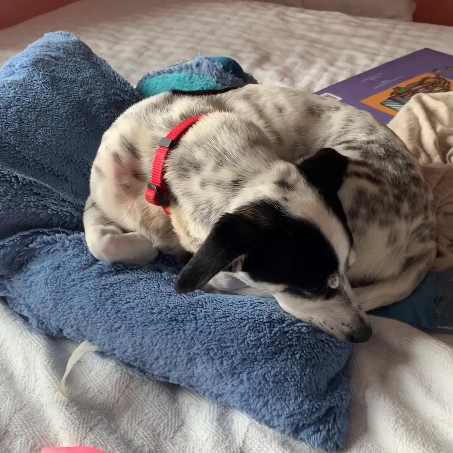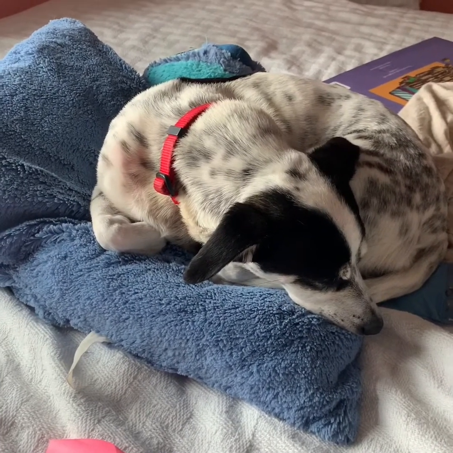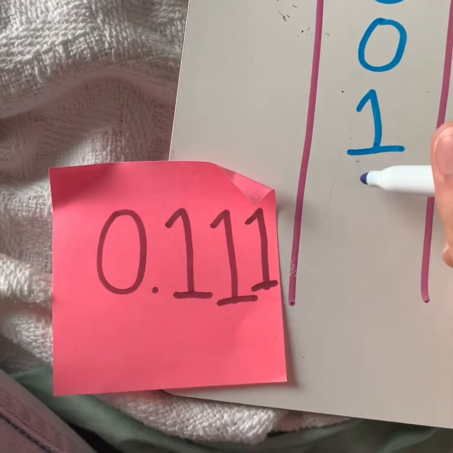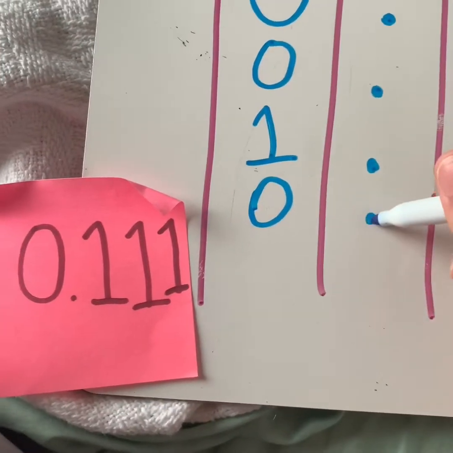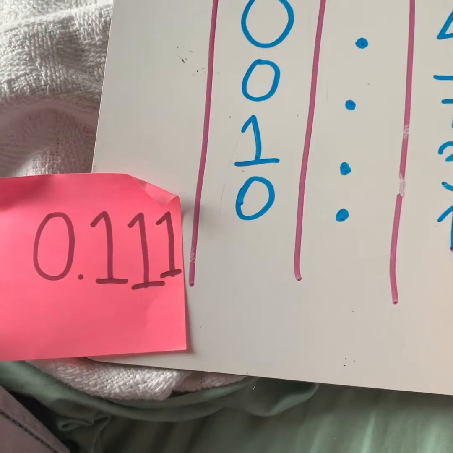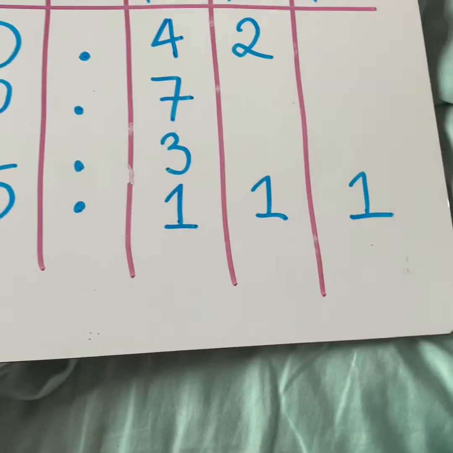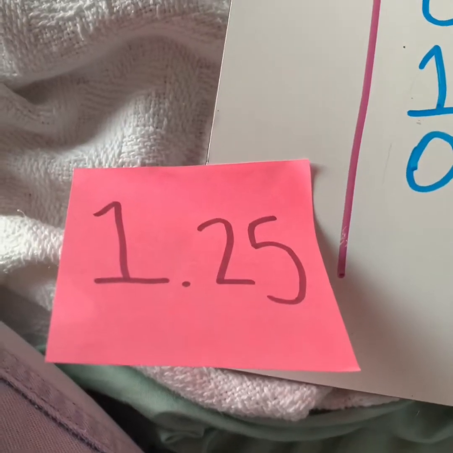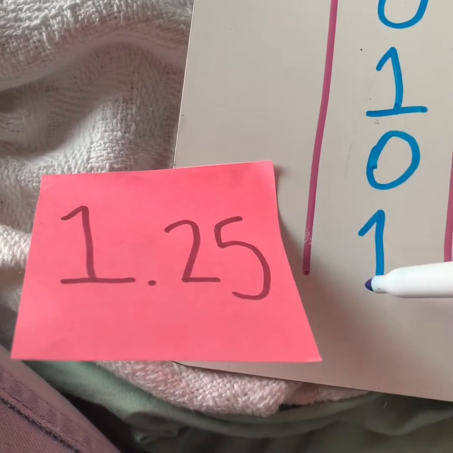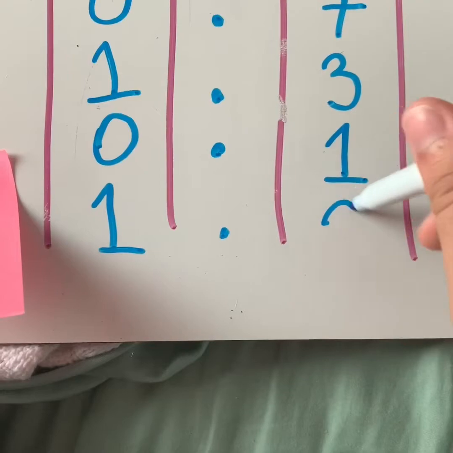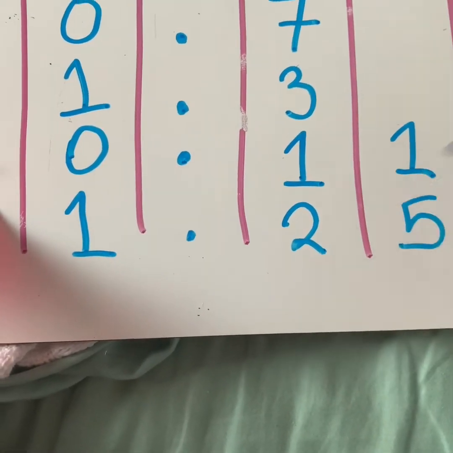Seriously, you guys really are not doing very much of this work at all. Here, I still have 0 ones, and I have 111 thousandths. And in this last one, I have 1 one and 25 hundredths.